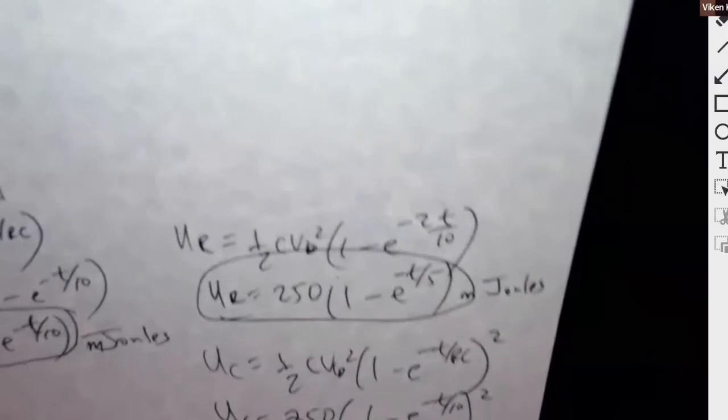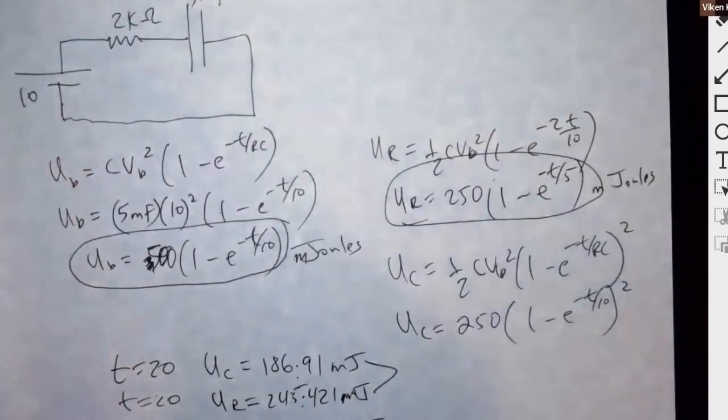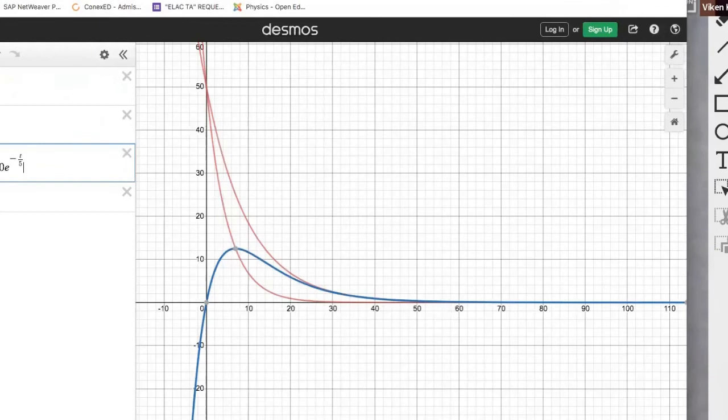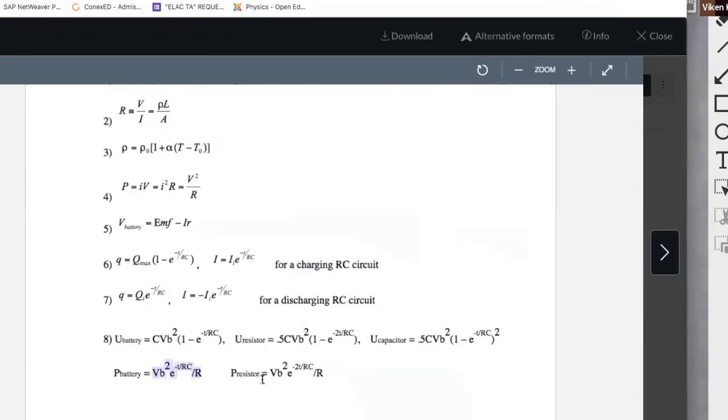Take the derivative of this function. So what was my power equation? I've got so many equations here. Power equation for the capacitor. You know what? Let's just go to the formula sheet. It's just going to be this equation minus this equation, right? So VB squared over R, and then, okay, that's pretty easy.